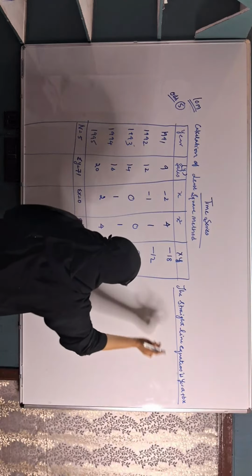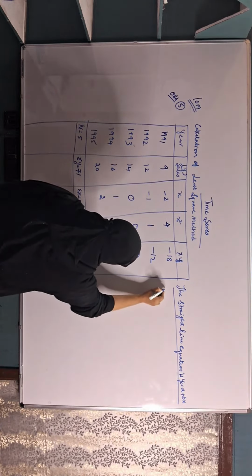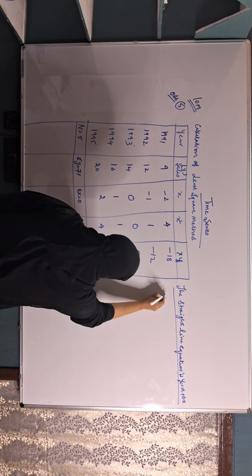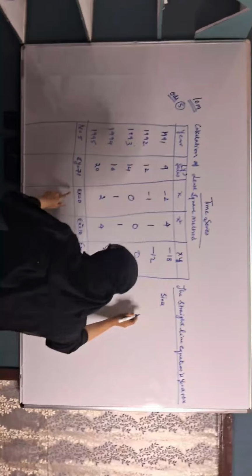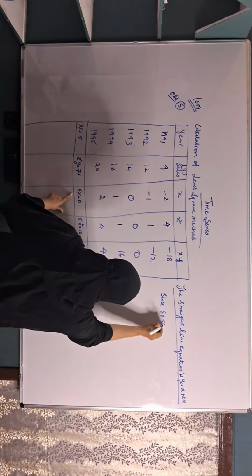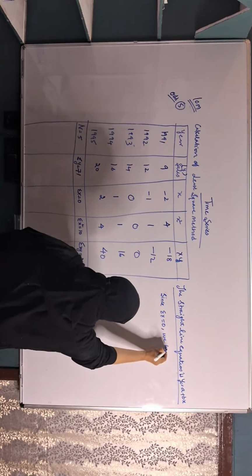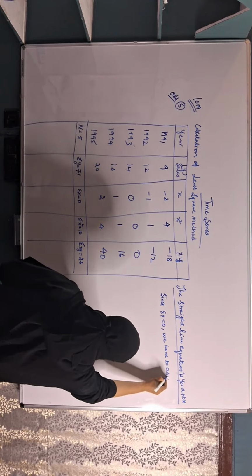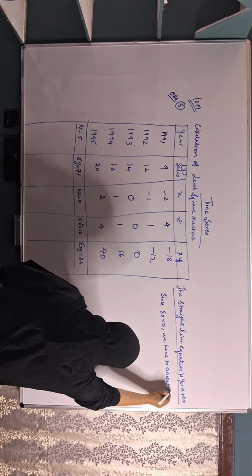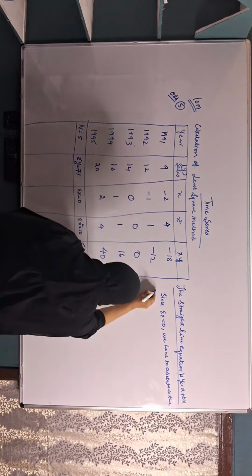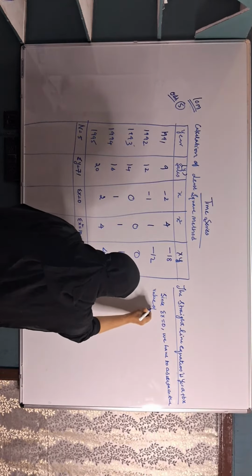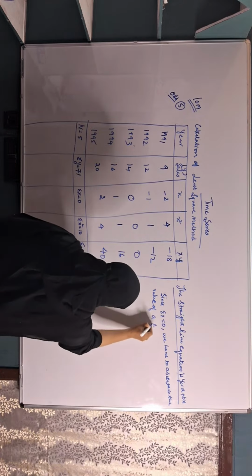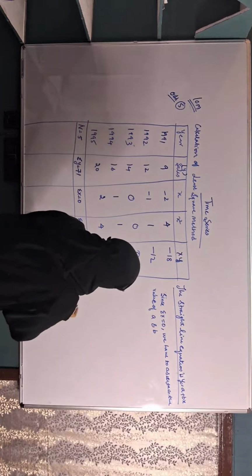Since sigma X is equal to 0, we have to ascertain the values of A and B. Now what is A and what is B?